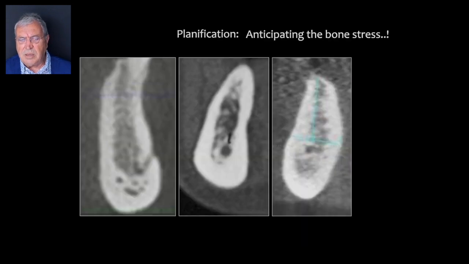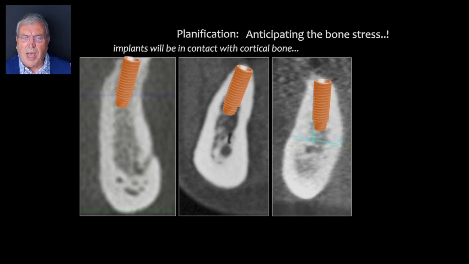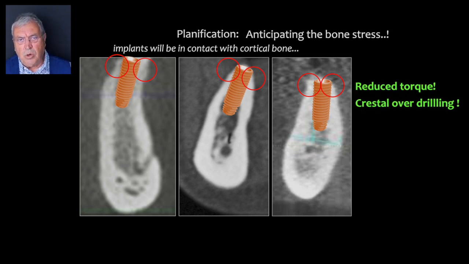We need to assess, because we will anticipate the bone stress. Placing the implant is showing us what will happen: stress in the cortical bone, and then we need to go with a reduced torque. We need to overdrill the crest, and we will never do, even in a dream, the immediate loading.